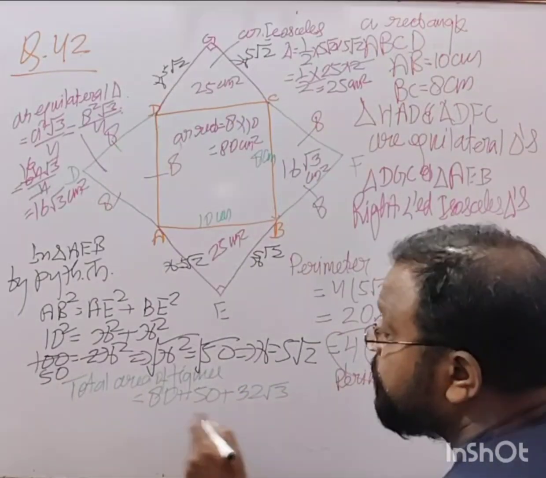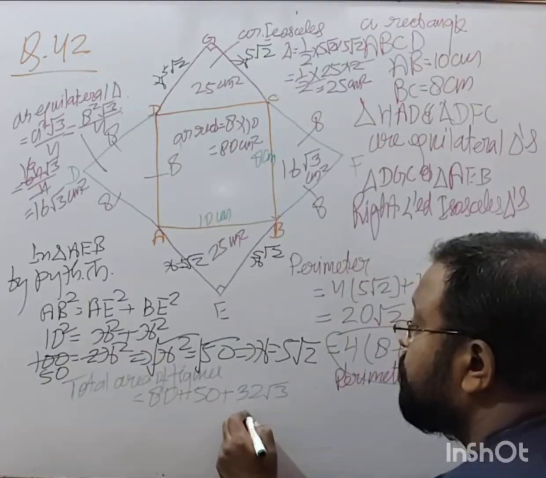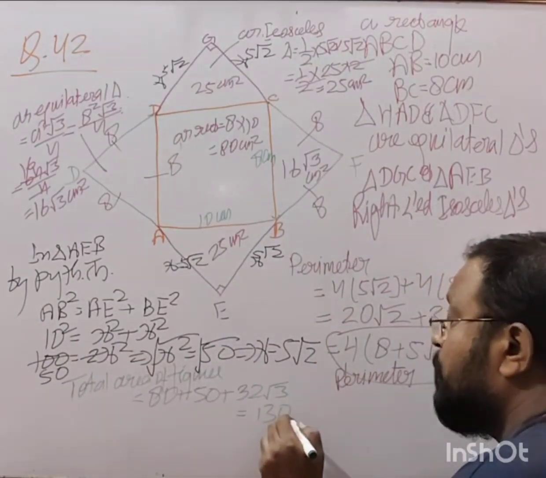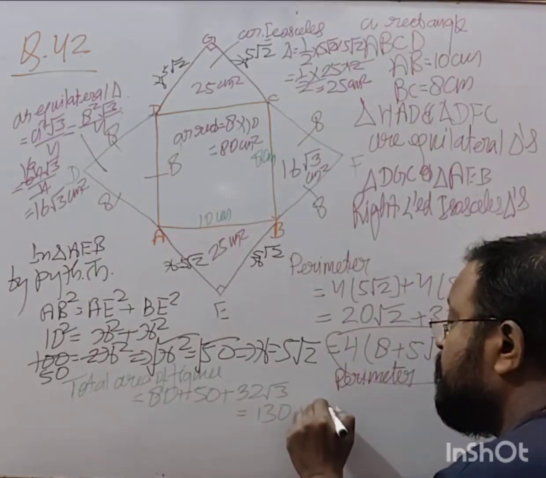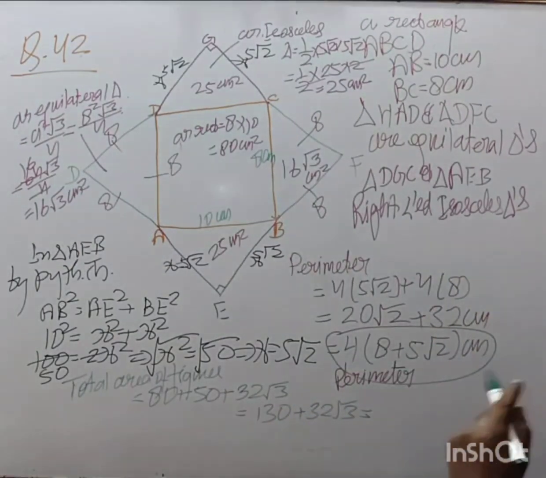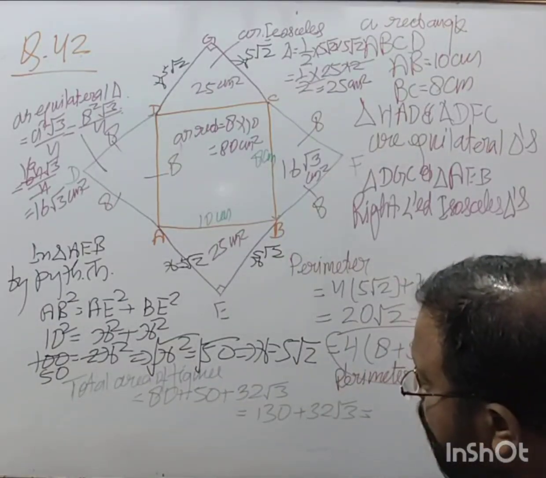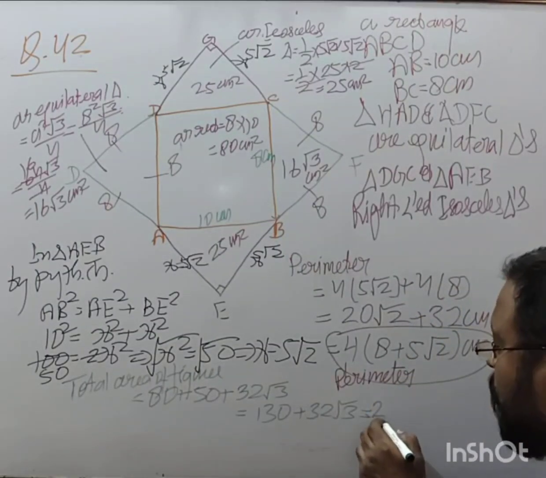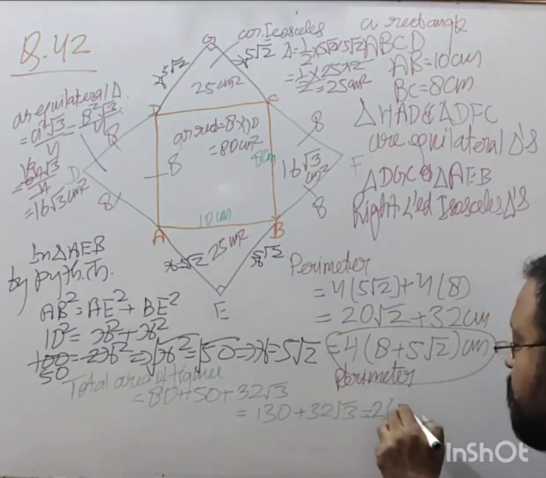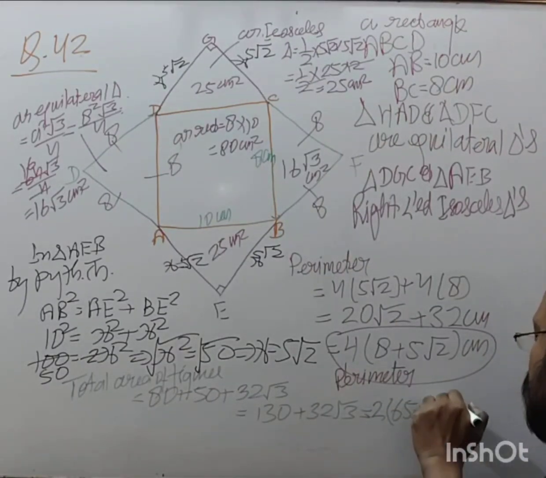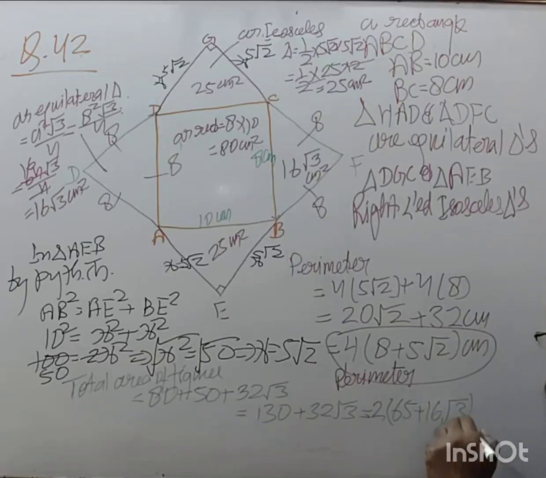It becomes how much? 130 plus 32 root 3. If you take 2 as a common, it becomes 65 plus 16 root 3 centimeter square.